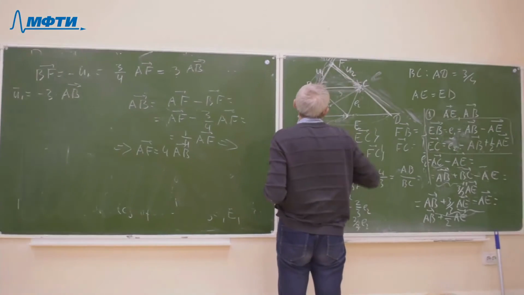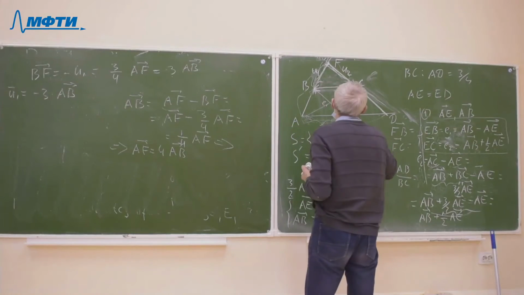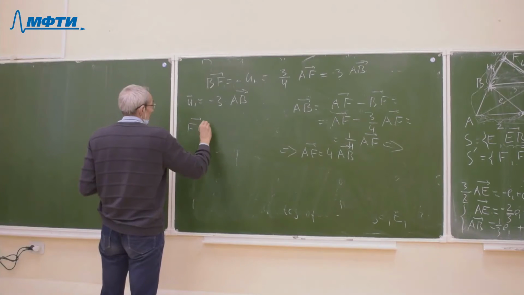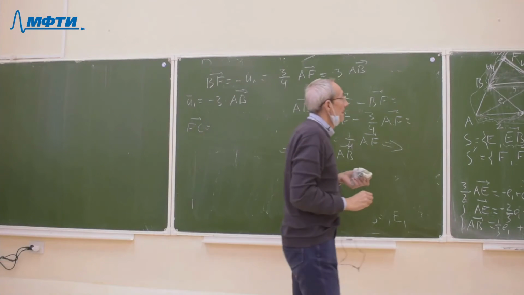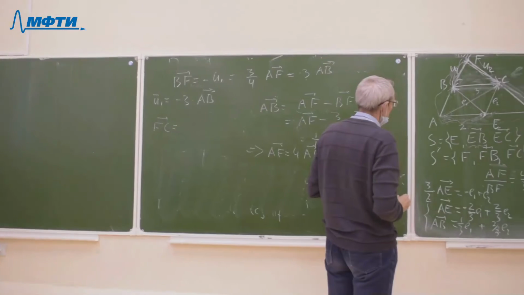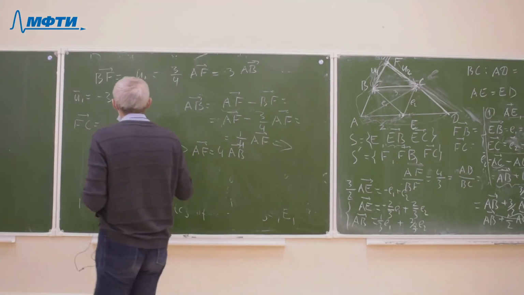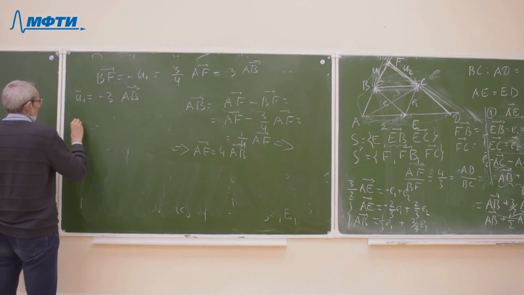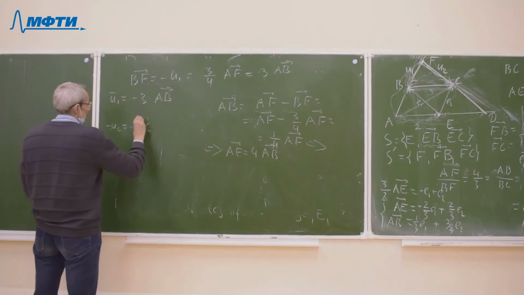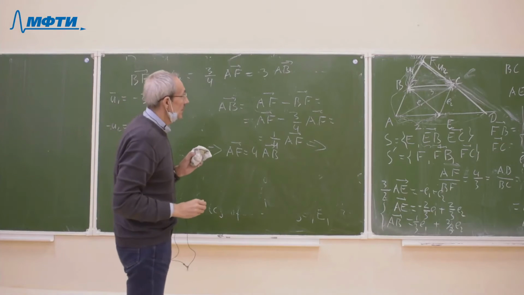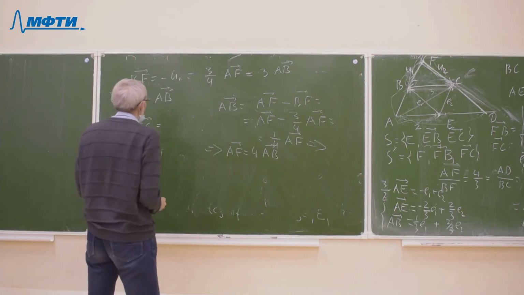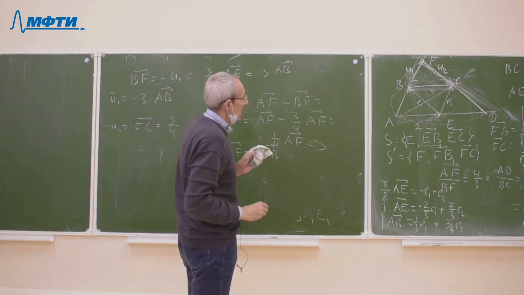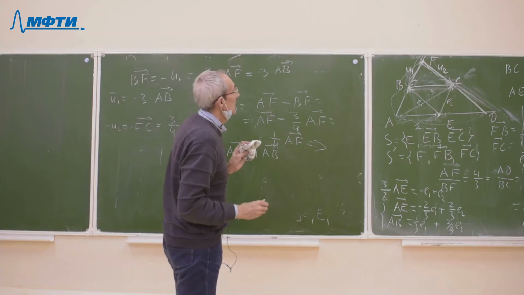You can express the first vector. The second, FC. FC is equal to minus U2. Minus U2 is equal to FC, which is equal to the ratio 3 to 4 of DF.